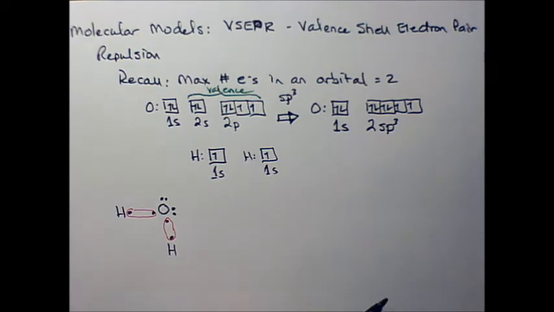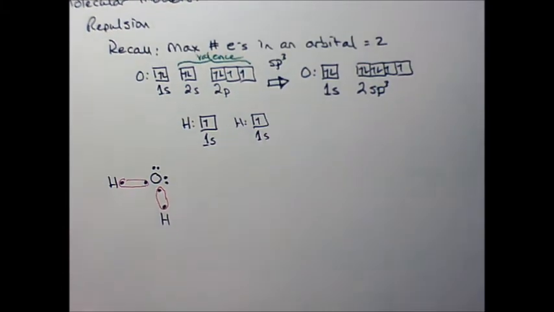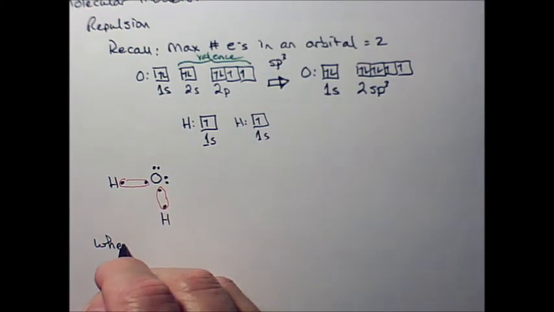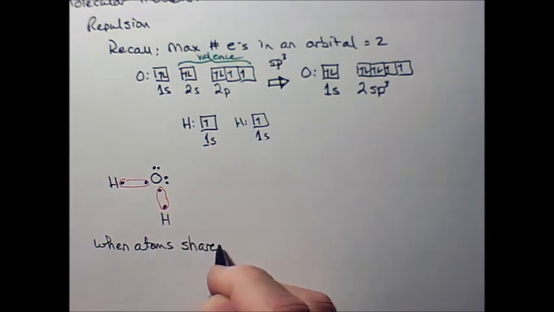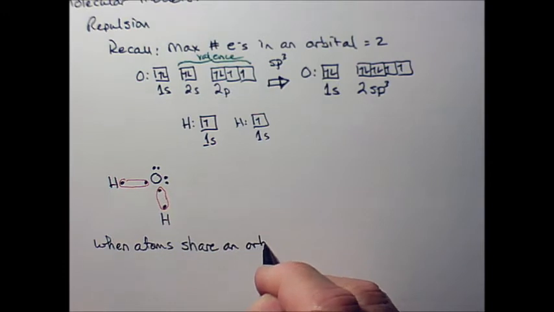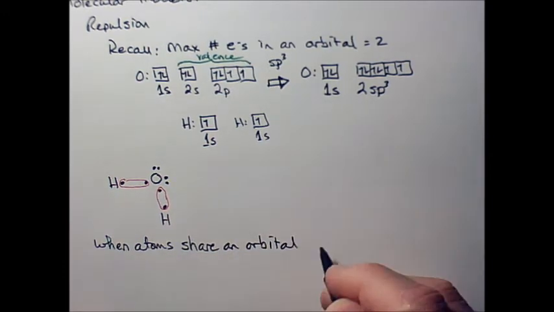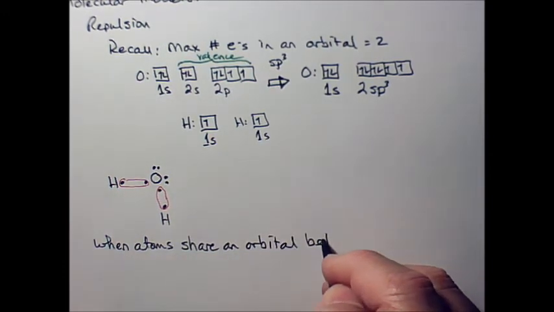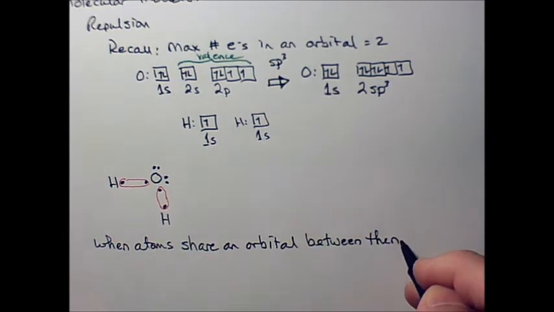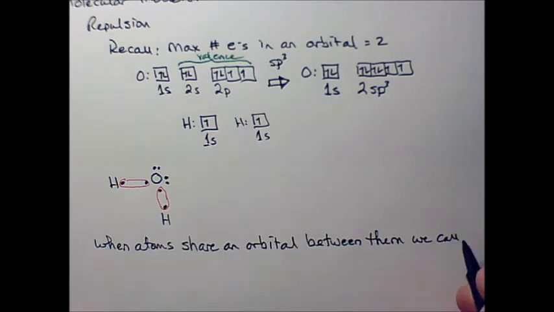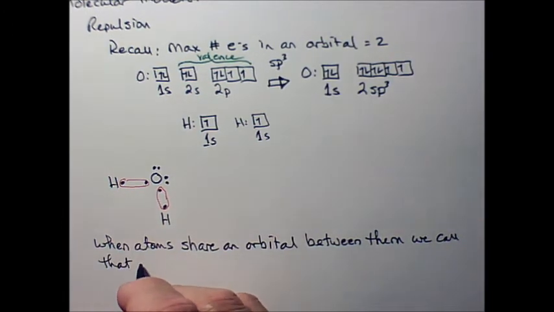When you share an orbital and form a single orbital between two atoms, we call that a covalent bond.